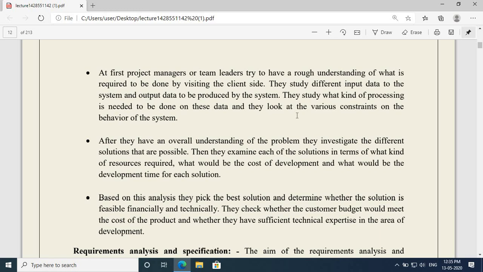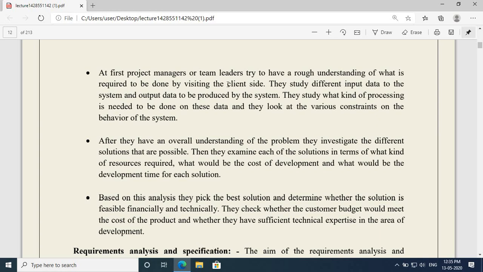Why do the team members and team leaders visit the client side? They must decide what the requirement of the client is, what the different inputs are, and how the input is processed to give the output. On the client side, they decide the number of requirements, the different inputs and the different outputs.